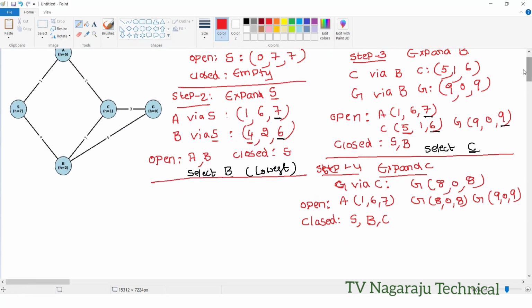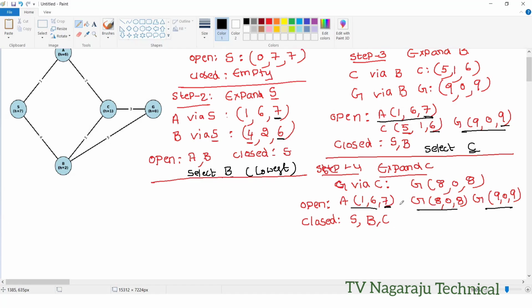Understand here? Up to here, A is already in the open, and G is already in the open. Now additionally I am adding one more G. Now in this step, which node do you need to consider?